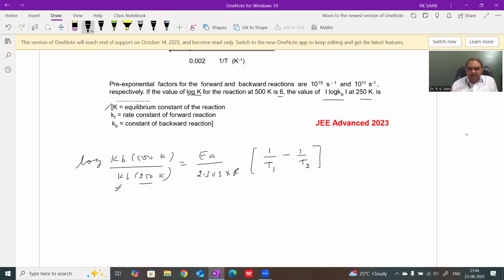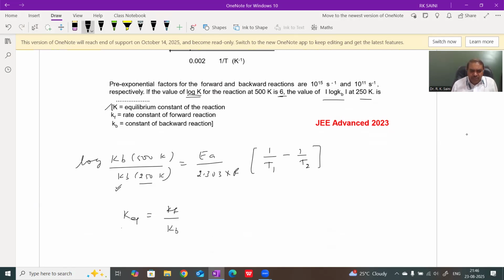From the given graph we find the activation energy as well as Kf of the reaction. According to the equilibrium constant, we know that the equilibrium constant equals the forward rate constant divided by the backward rate constant. The equilibrium constant given in this reaction, log K equilibrium, is 6.